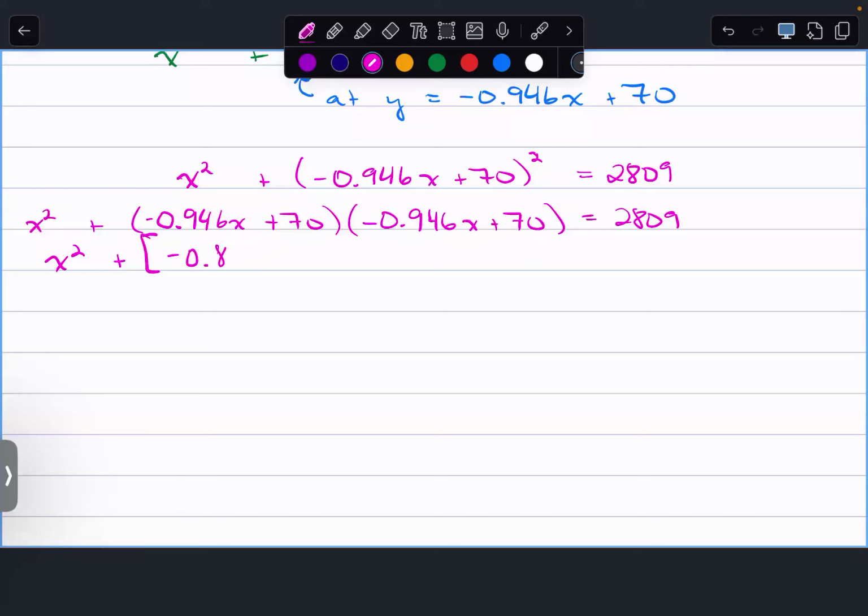I know, naughty. 0.895x squared. Hey, not negative. I just forgot to put brackets around. Negative 0.946 brackets squared is 0.894916, but I'm just gonna lob it off.